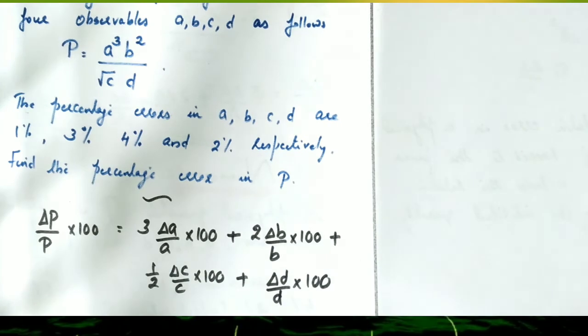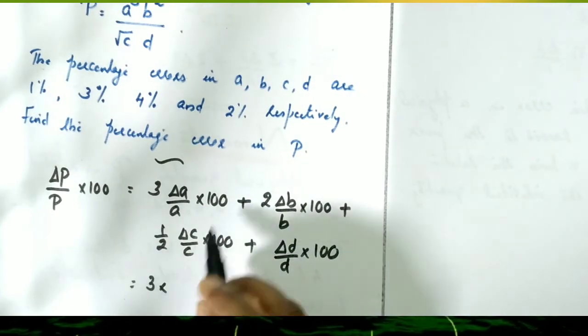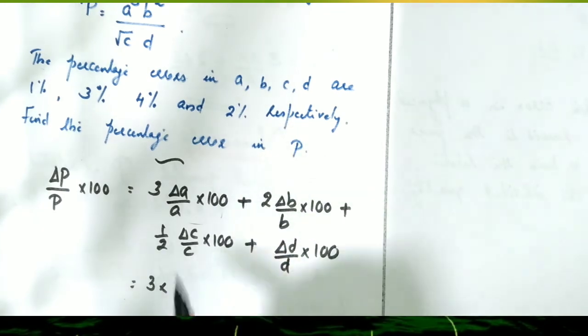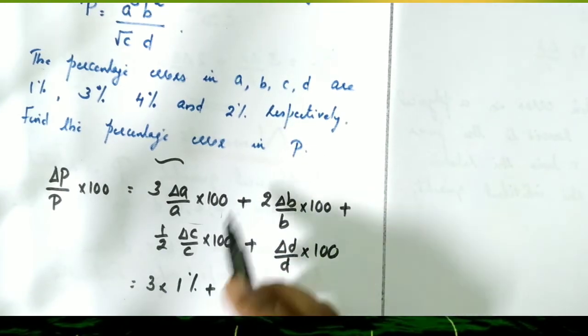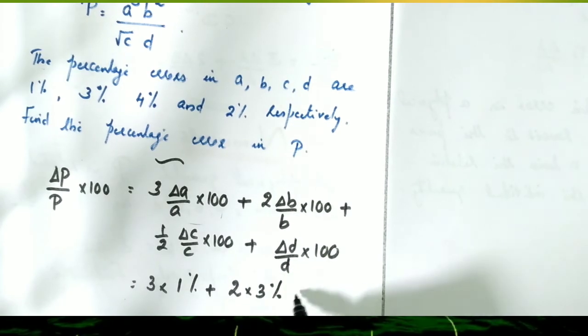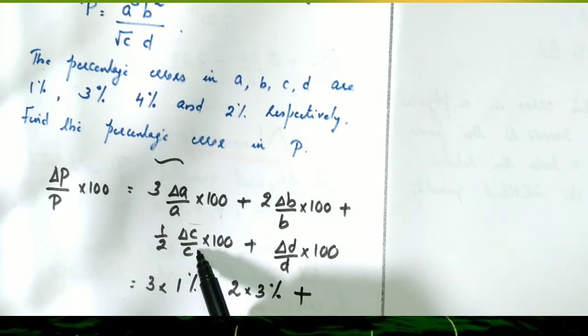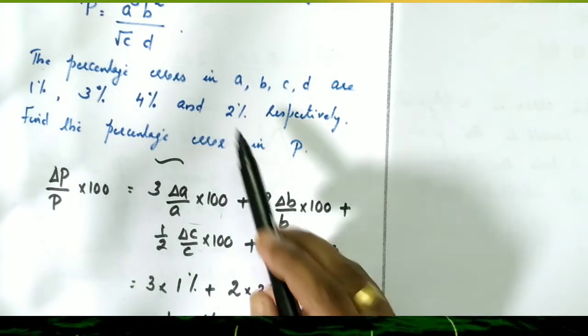Okay, we can substitute the values. Equals 3 into what is the percentage error in A, that is 1%, plus 2 into what is the percentage error in B, that is 3%, that is given. Plus what is the percentage error in C, that is 4%. So 1 by 2 into 4%, plus delta D by D into 100 is 2%.